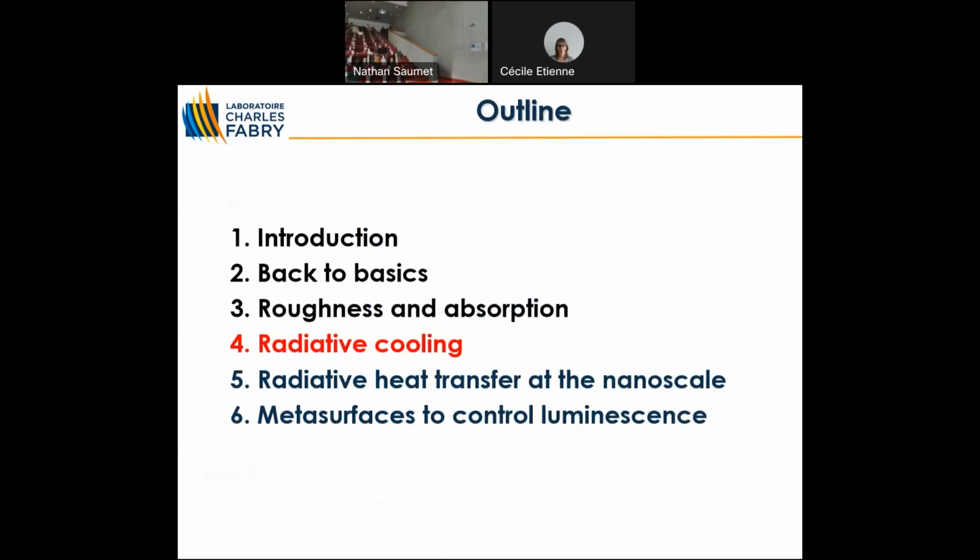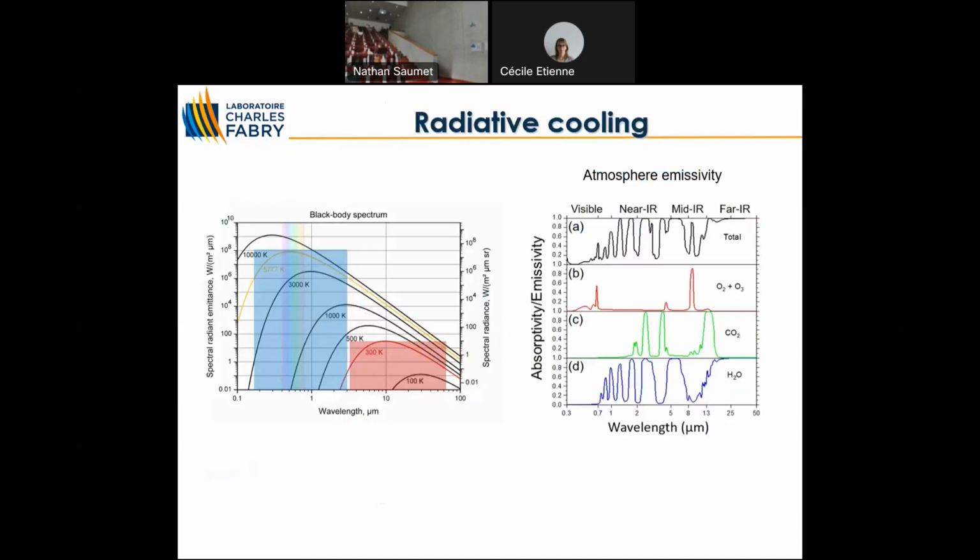So now radiative cooling. So we've seen that already. This is the atmosphere properties. Here you have different layers, the contribution of different gases. If you look at the overall, you see that the atmosphere will be, so what I'm plotting here is absorption or emission, the same.